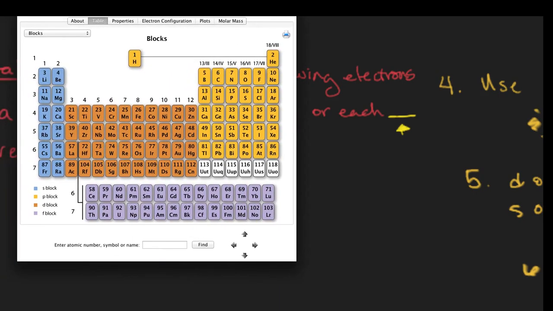Okay, so for beryllium here, for instance, we would have the 1s2 and then 2s2. S is the first 2 columns here. Then we have the P, which is these last 6.